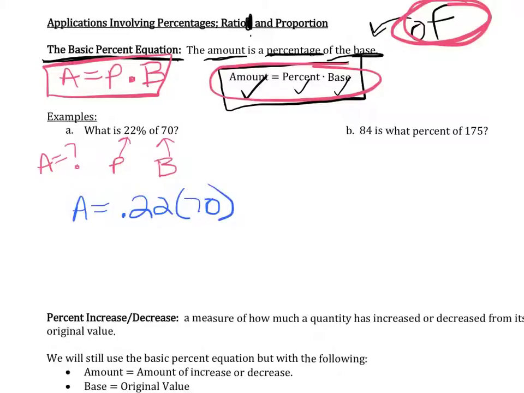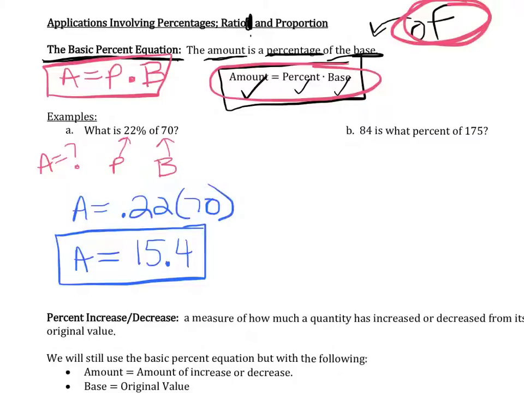To find 22% of 70, all I have to do is multiply 0.22 by 70, and what I get is that 22% of 70 is 15.4. That would be my amount and my solution. So 15.4 is 22% of 70.